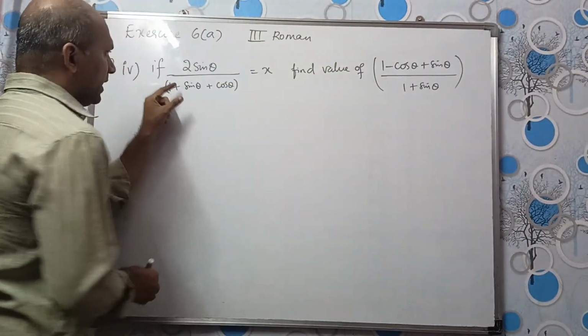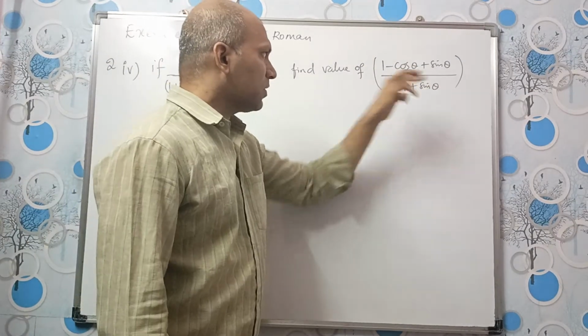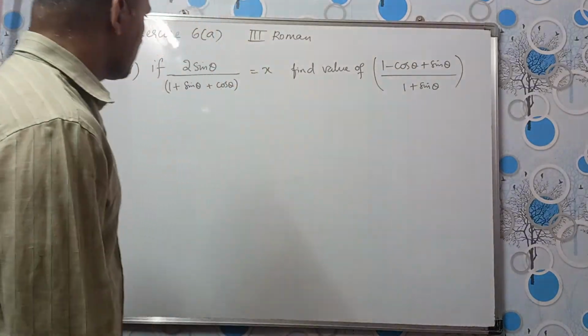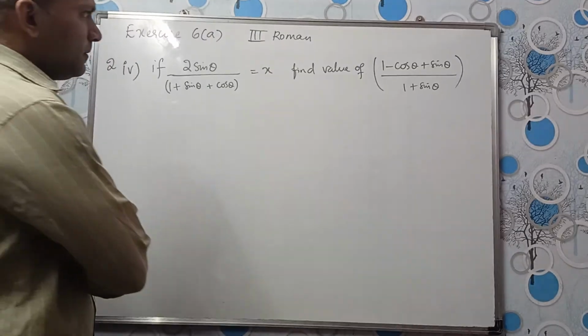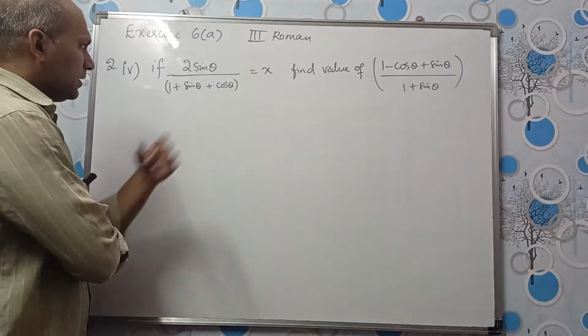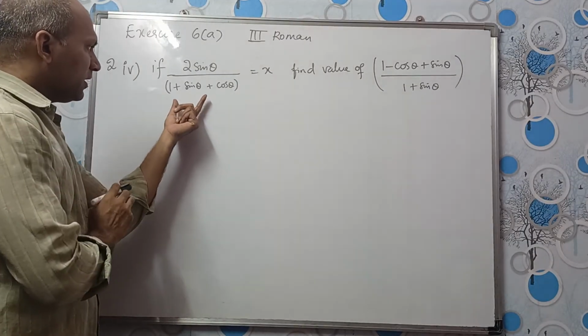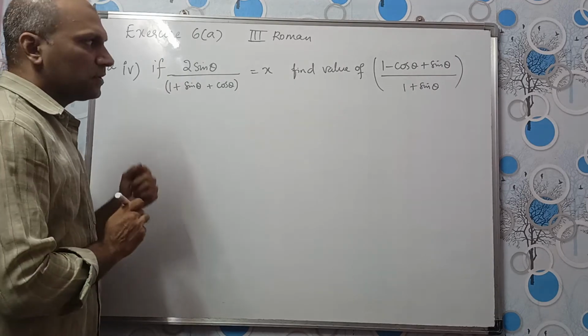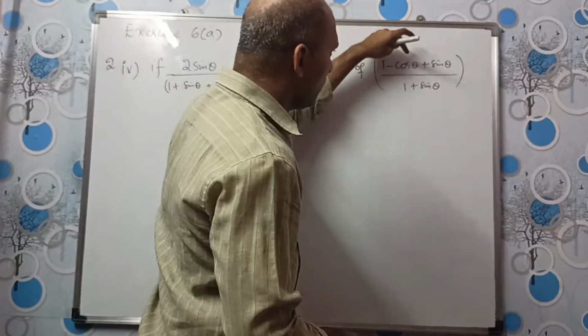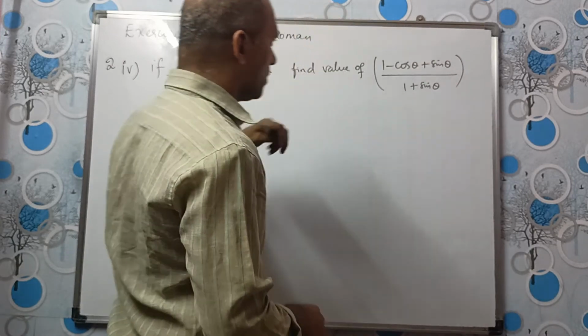Okay, we'll solve this problem. If 2 sin theta by (1 plus sin plus cos) is equal to x, find this value: (1 minus cos plus sin) by (1 plus sin). Okay, now see, in the denominator here we have 1 plus sin plus cos. In the numerator we have 1 plus sin minus cos.